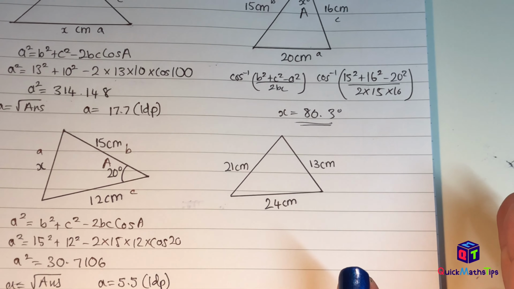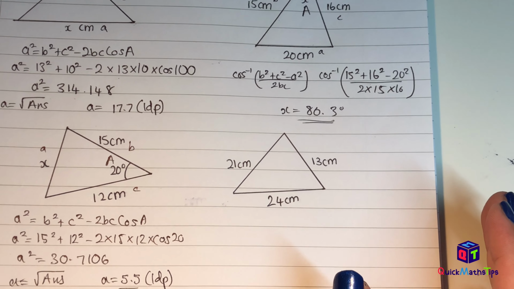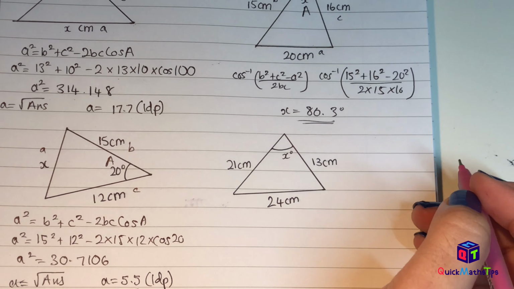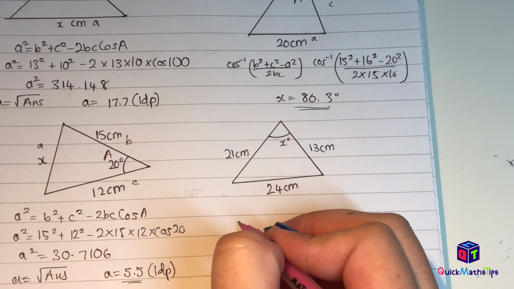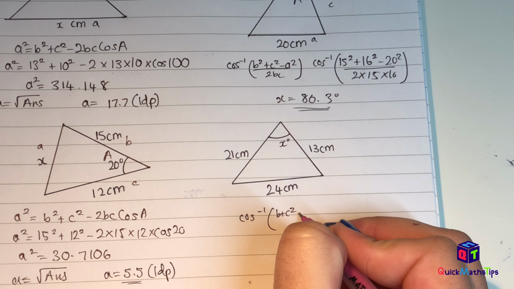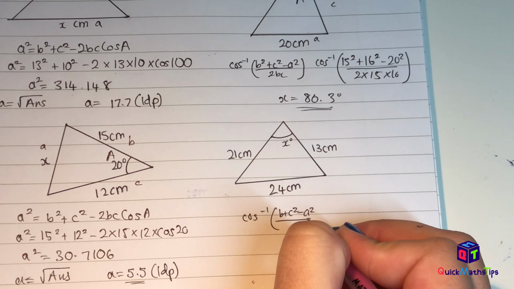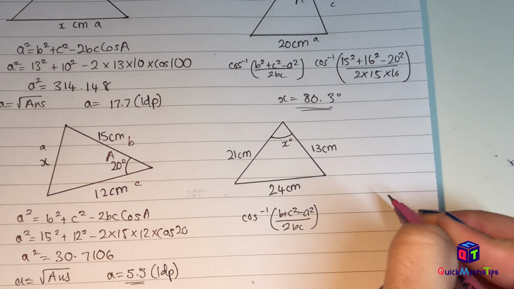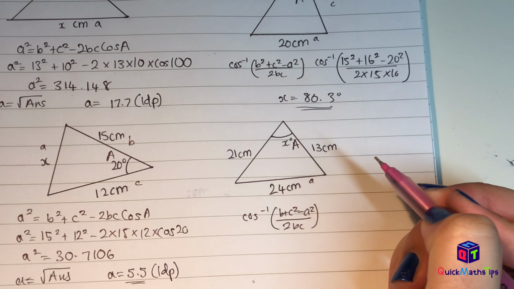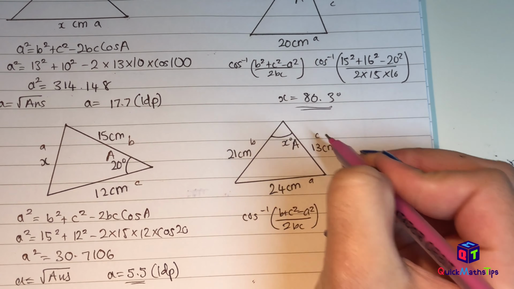In this question again, I'm working out a missing angle, this one here. So I'm going to do shift cosine, b squared plus c squared minus a squared divided by 2bc in my calculator. The angle given is capital A, the side opposite is lowercase a, and the other two sides are b and c.